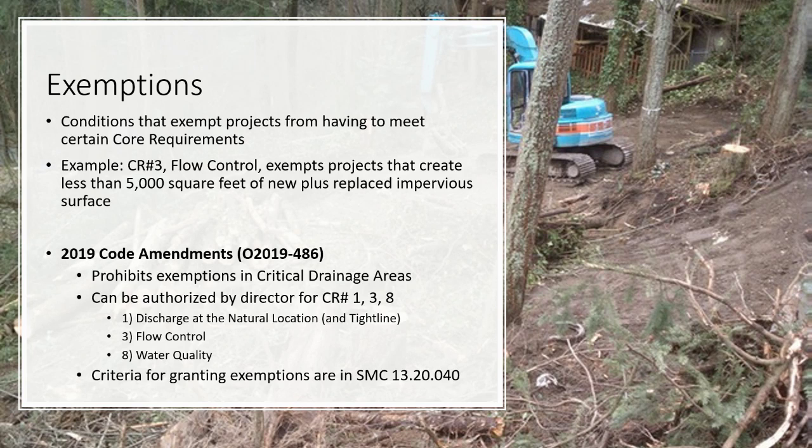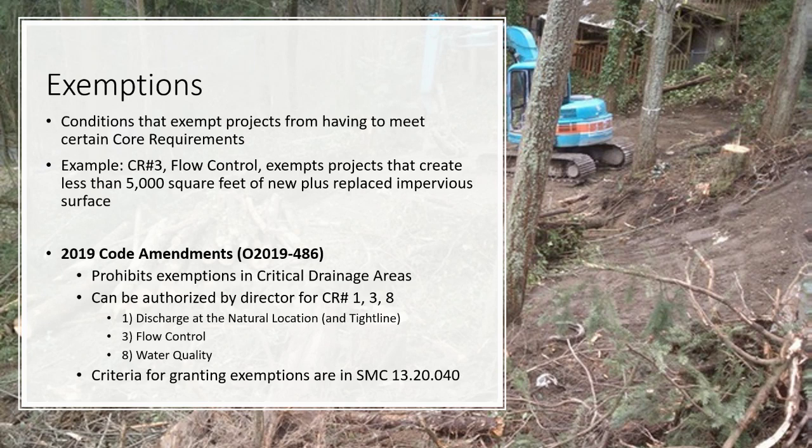In 2019, City Council amended SMC Title 13, our stormwater code, to give no exemptions in critical drainage areas. These are our landslide hazard drainage areas on slopes, as well as areas that drain to Pine and Beaver Lake.